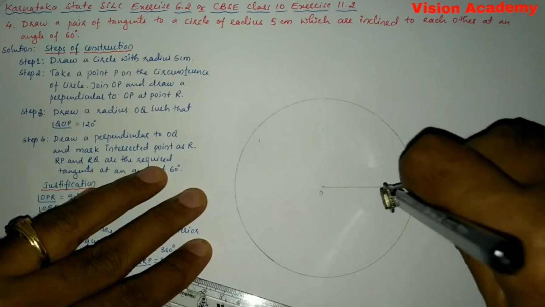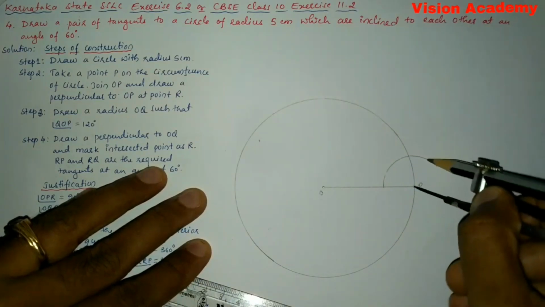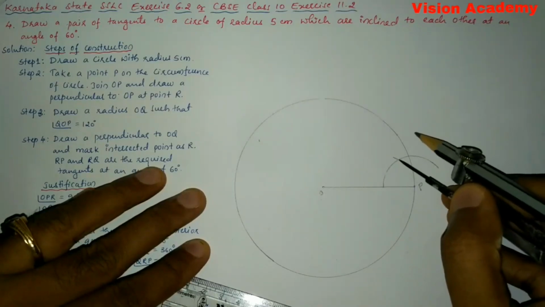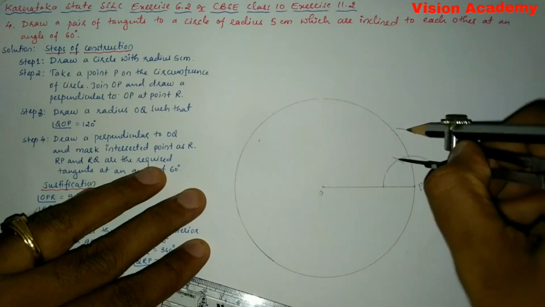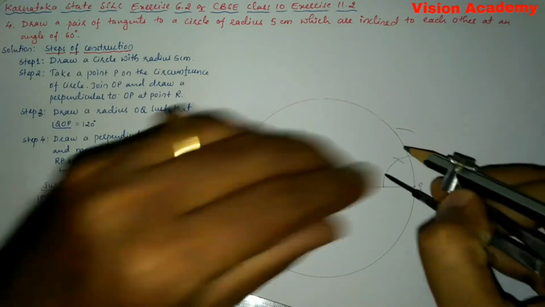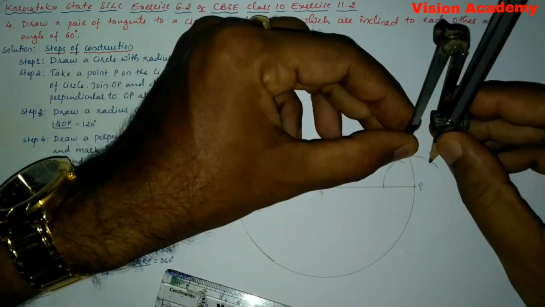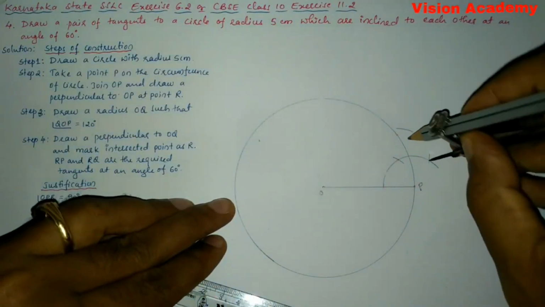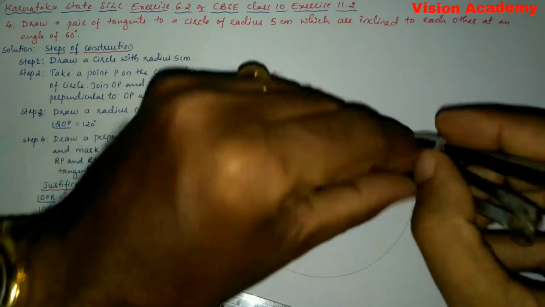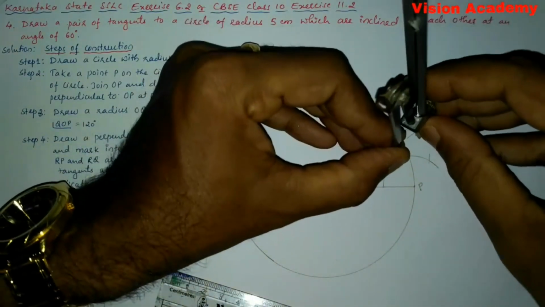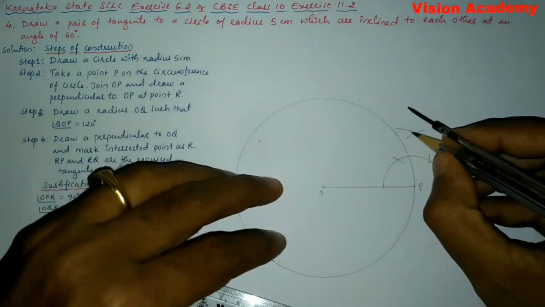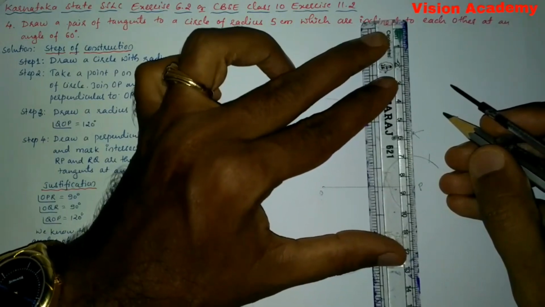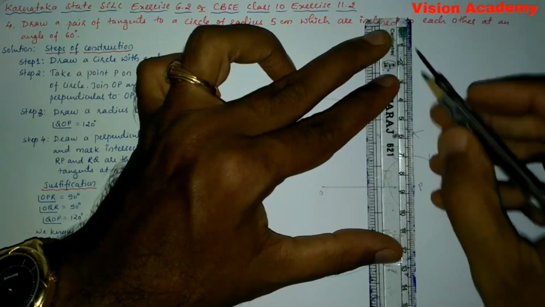In order to draw a perpendicular, draw an arc, then keep on this point, cut here, and keep on this point, draw one arc here, and keeping on the same point, cut another point, and keeping on this point, draw another arc that intersects at this particular point. So now let us draw a line through this particular point, which is perpendicular.